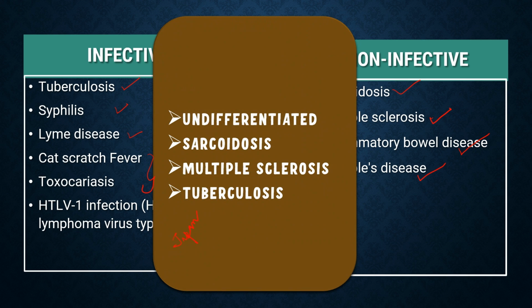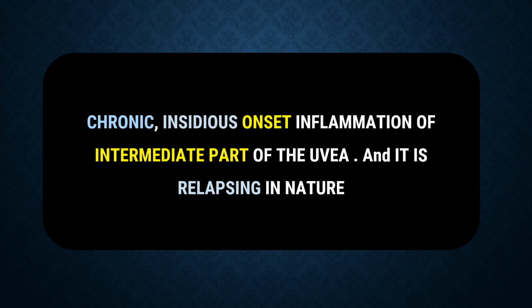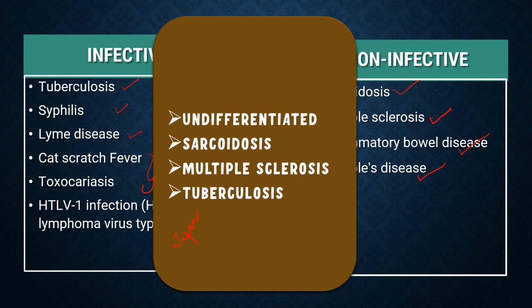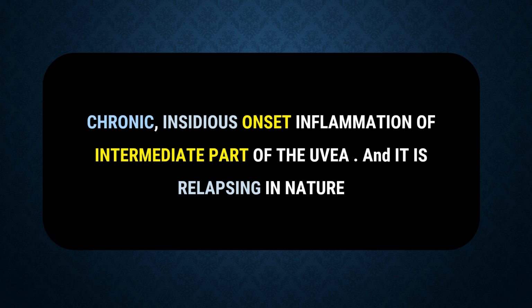The top three most common causes of intermediate uveitis that you see in the clinic will be: number one, undifferentiated intermediate uveitis, that means you don't really know the cause. The second would be sarcoid, multiple sclerosis, and tuberculosis. In endemic areas like the South Asian countries, tuberculosis can come in at second place as well.